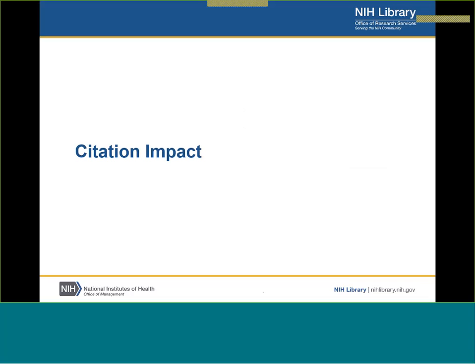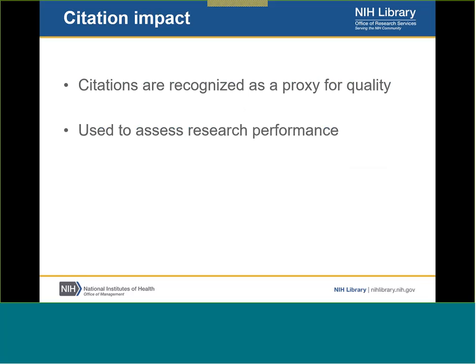Okay, now we have to go to the part about citation impact, because it is one of the ways that we can look at impact. For citation impact, two major assumptions are that citations are recognized as a proxy for quality.